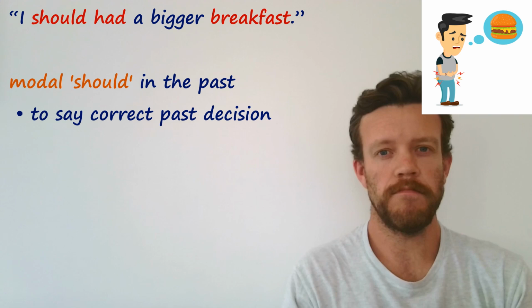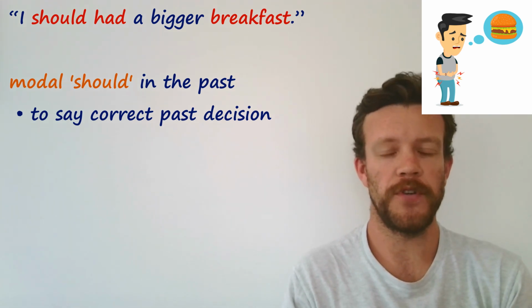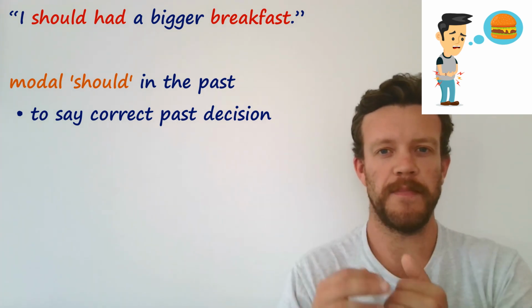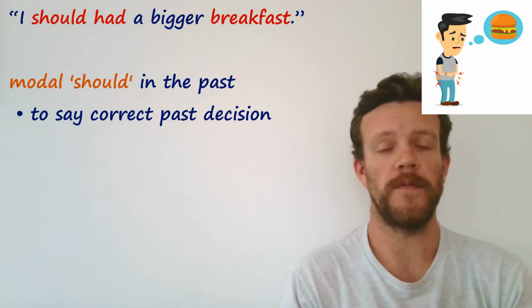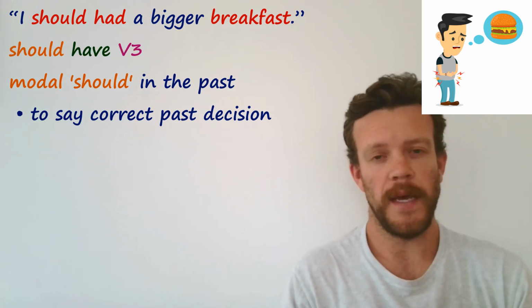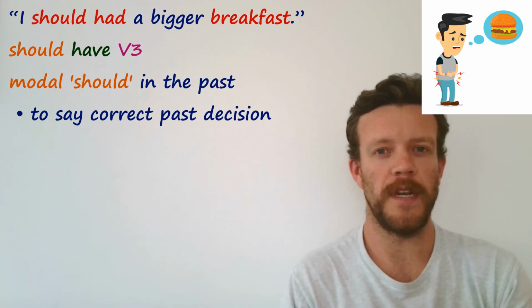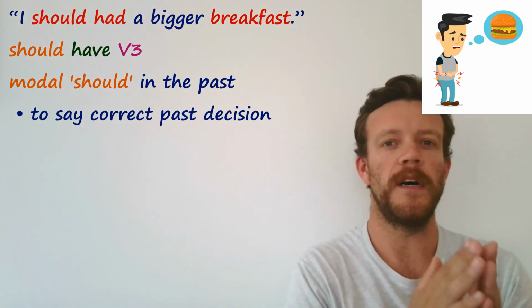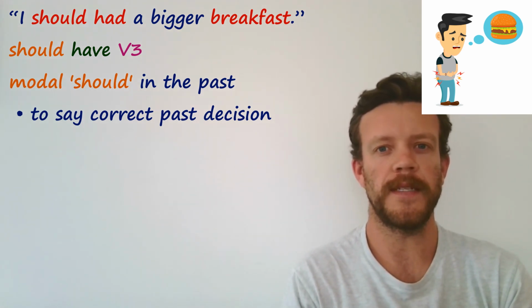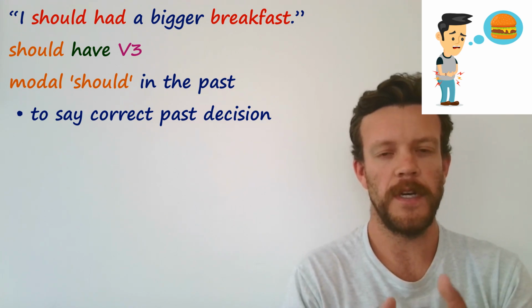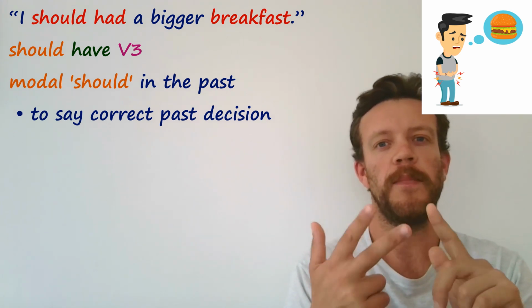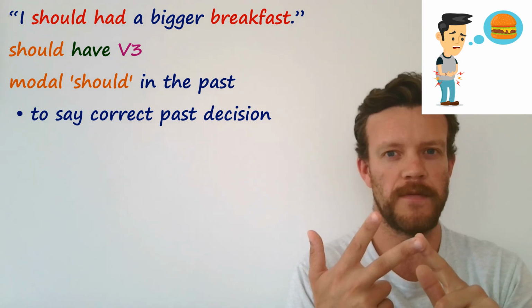For the next one, we have another modal verb should being used in the past to say what the correct decision was. Again, we need to have auxiliary. Again, it comes after a modal verb, so needs to be in the infinitive. Should have past participle or V3.